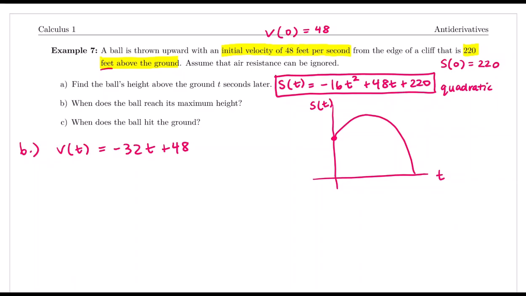Thinking about calculus, I'm trying to find essentially a local maximum. It's going to have a horizontal tangent line, which means that we can set the derivative, which in this case is our velocity function, equal to 0.